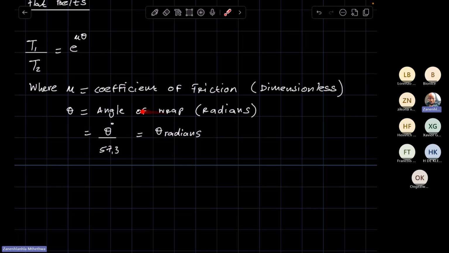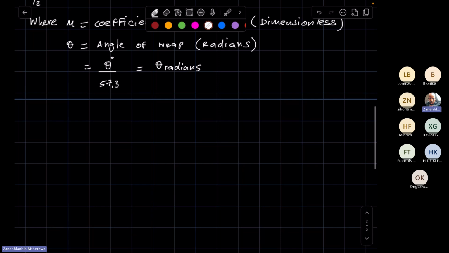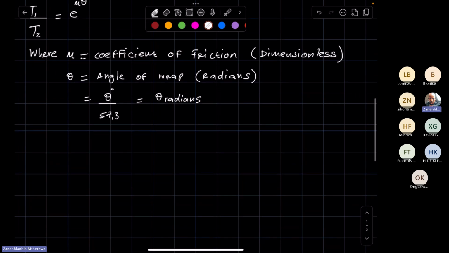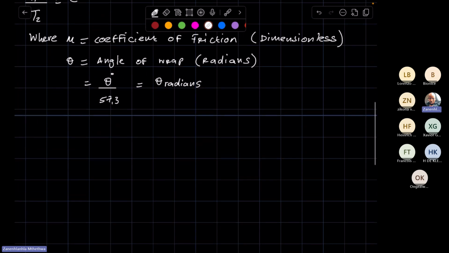At this level, if you look at our tension ratio, there is the left-hand side and the right-hand side of the formula. You are normally given the left-hand side of the ratio, meaning they would say, for example, T1 is 2 times T2.